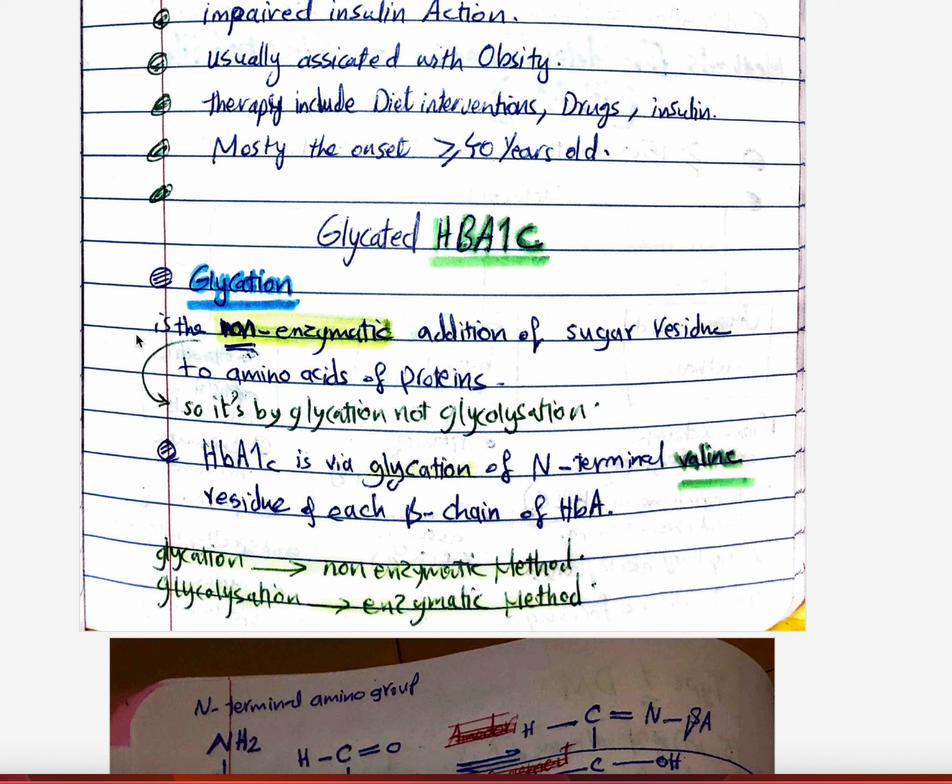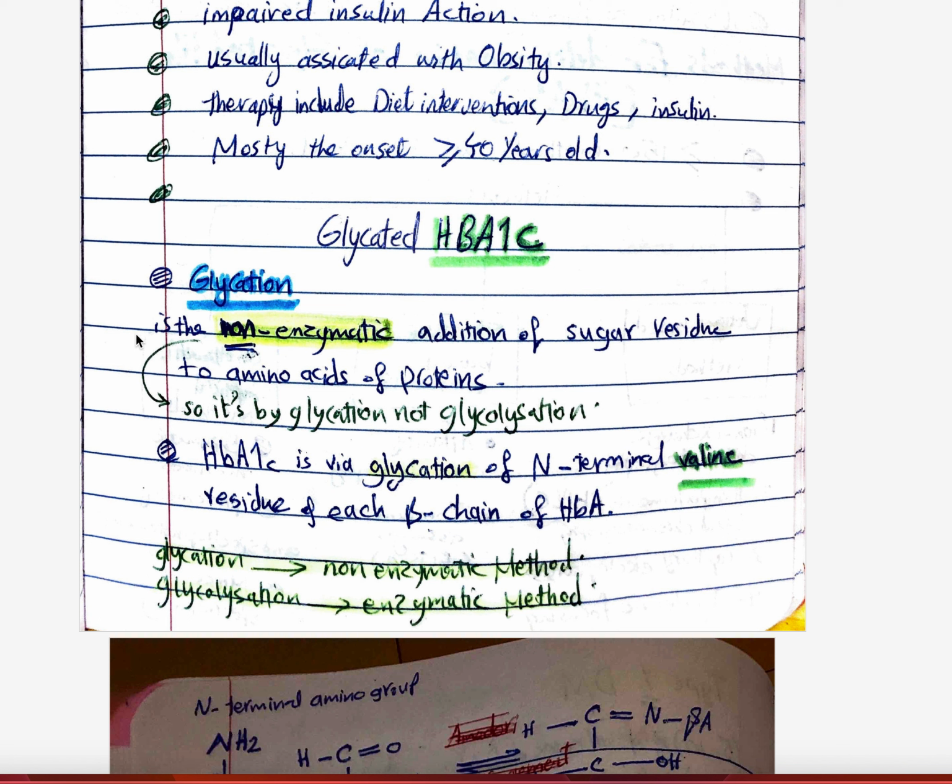It is the addition of sugar residues to the amino acids of a protein. Actually, it's a protein, and we add the sugar residues to it, and this process is called glycation. Okay, not glycosylation. So we have to be careful about our pronunciation.